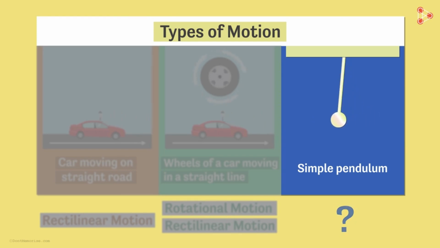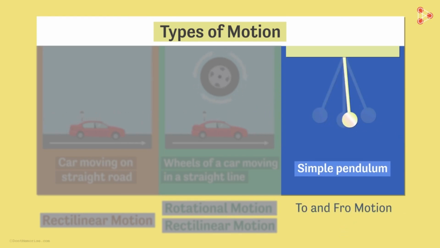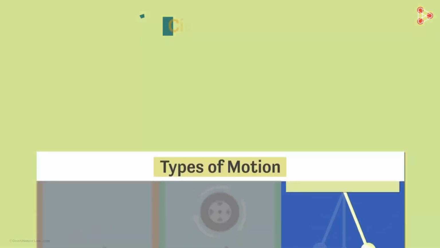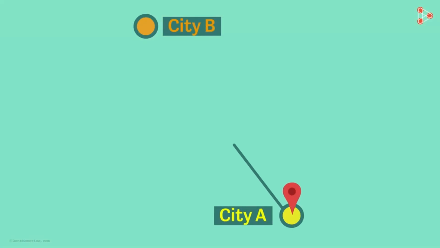Here are a few of the examples of motion in our everyday life. Go through them well and tell me what type of motion each one of them represents. And note that one example could also have more than one type of motion. The first one is clearly rectilinear motion.